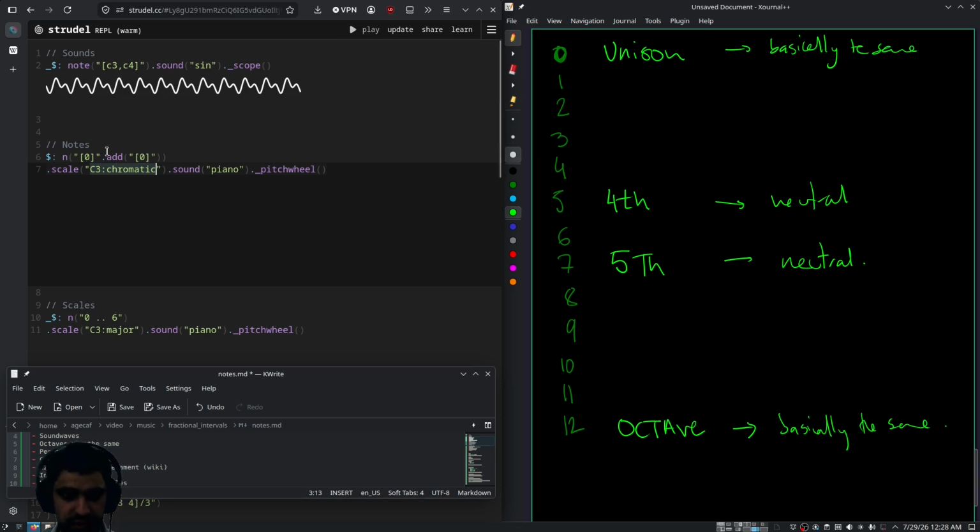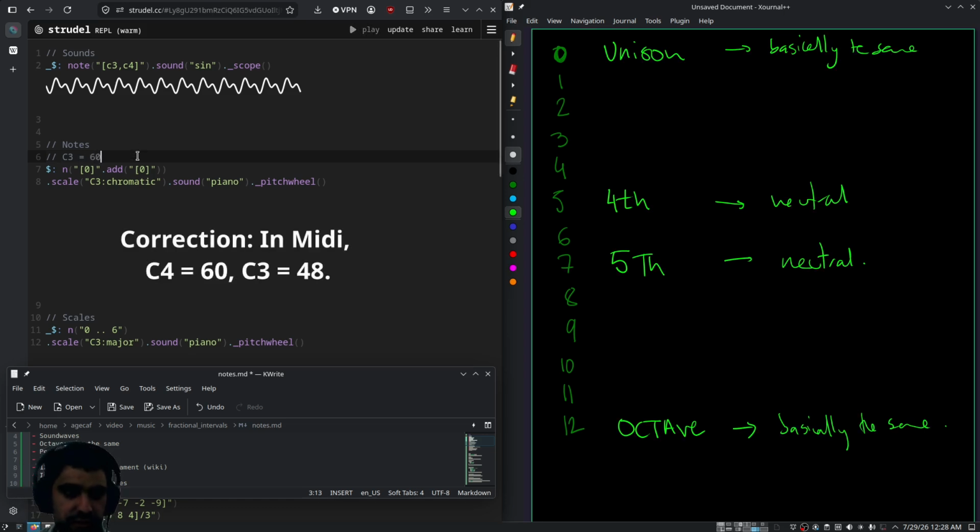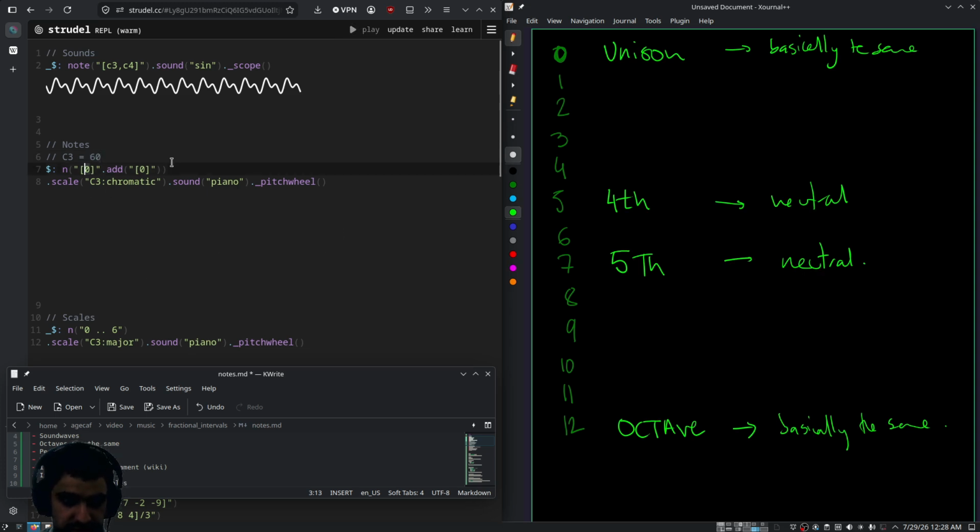And so what it's doing here is that instead of writing, I want, like, C3, which is something like 60 in MIDI notation, I don't want to have to write 60. I want to write 0. So I'm saying use a scale which is chromatic, whose root is C3.